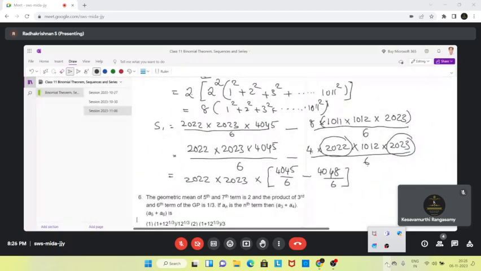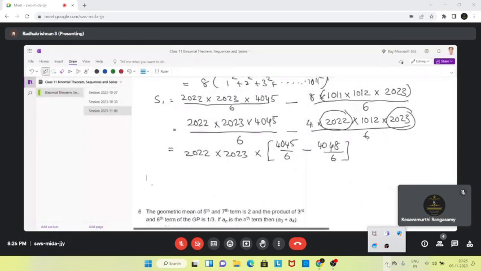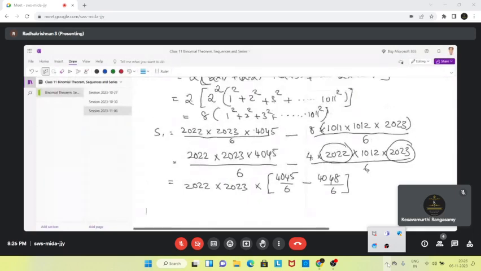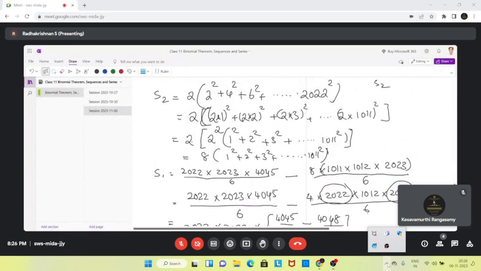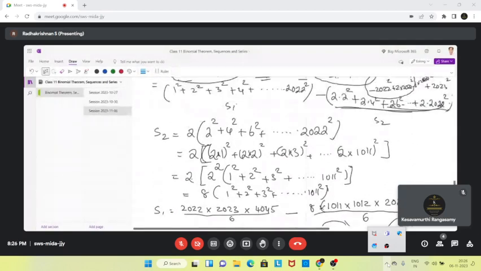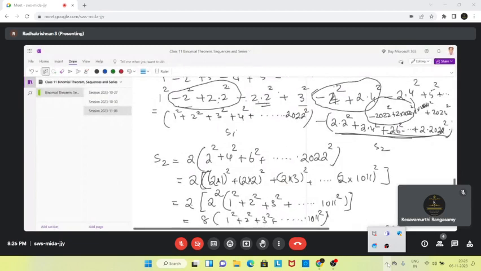Then there's something wrong. So what we missed is 2023 square here.